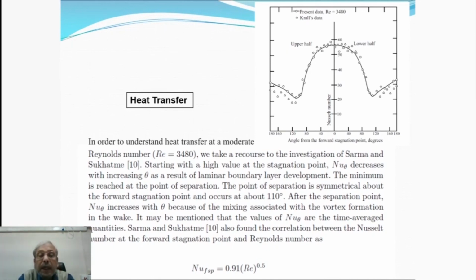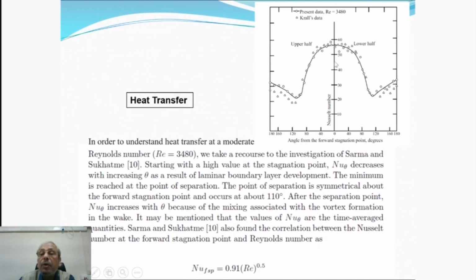Nu theta, the Nusselt number at any theta, has its highest value at the stagnation point, that means when theta equal to 0. This is one side of the cylinder, this is another side of the cylinder, and finally we are going up to 180 degree, that means the rearward stagnation point.